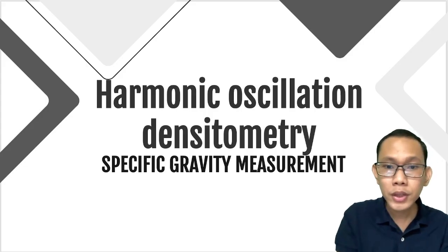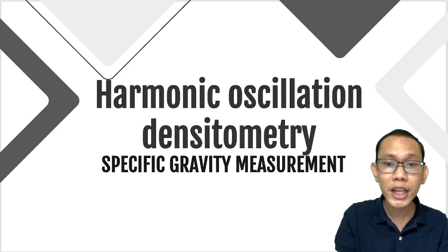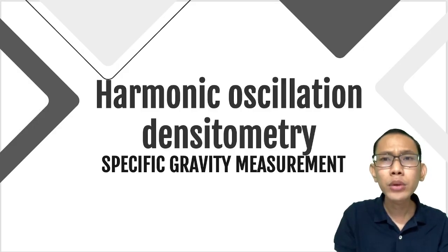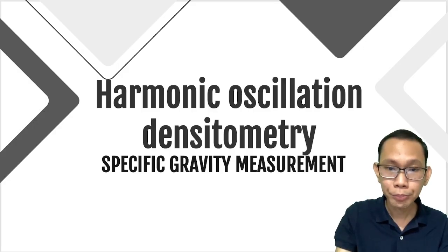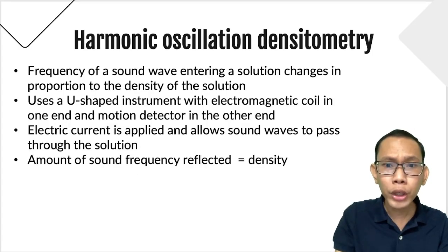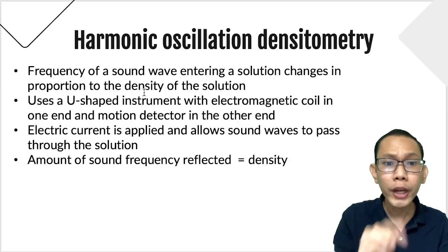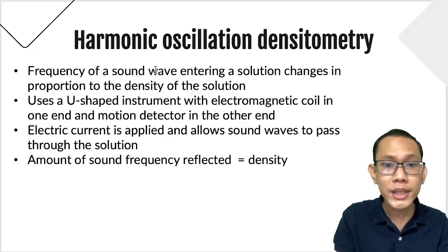Next procedure will be your harmonic oscillation densitometry. Similar with your urinometry, this is already your old test na to. Your harmonic oscillation densitometry, frequency of a sound wave entering a solution changes in proportion to the density of the solution. So dito, we are now talking about the frequency of sound wave.